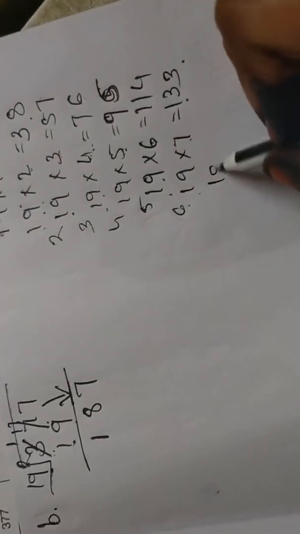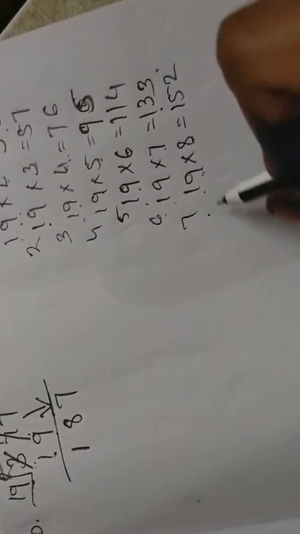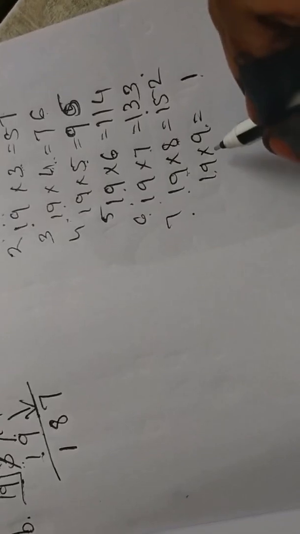19 eights: 8 nines are 72, write here 2, 7 is a carryover, 8 ones are 8, 8 plus 7, 15, so 152. 19 nines: 9 nines are 81, write here 1, 8 is a carryover, 9 ones are 9, 9 plus 8, 17, so 171. 19 tens are 190.